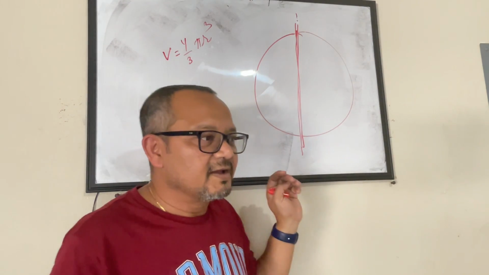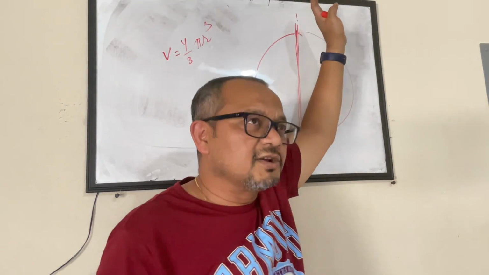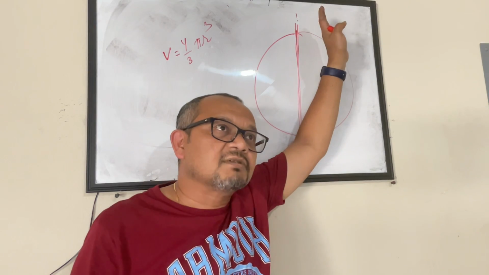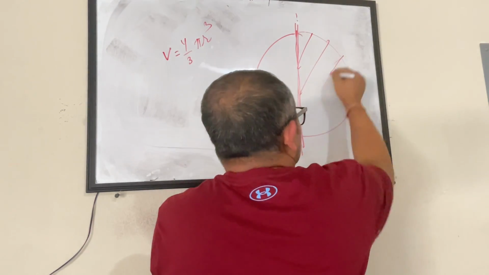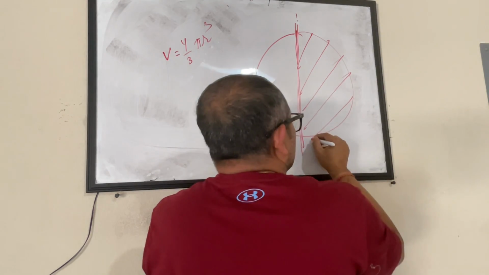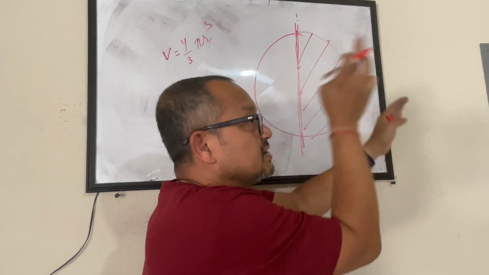Again, I'm just trying to recall if I can prove it without going to calculus or not. So this is my semicircle, which I'm revolving through 360 degrees.